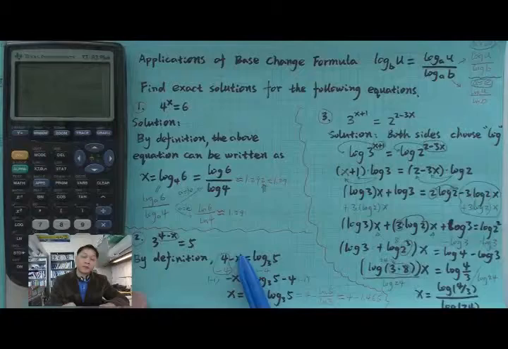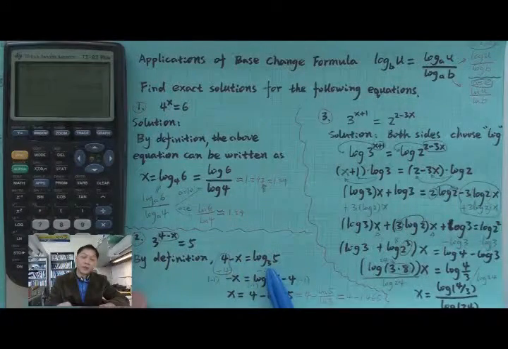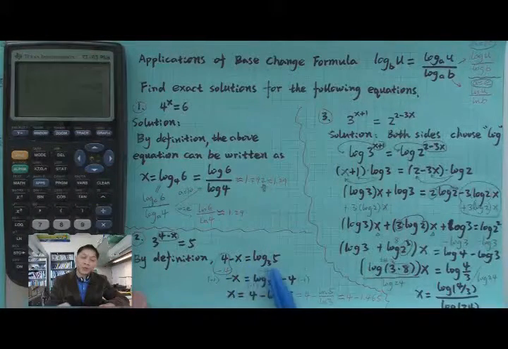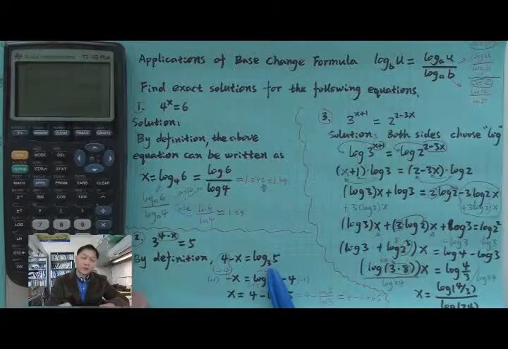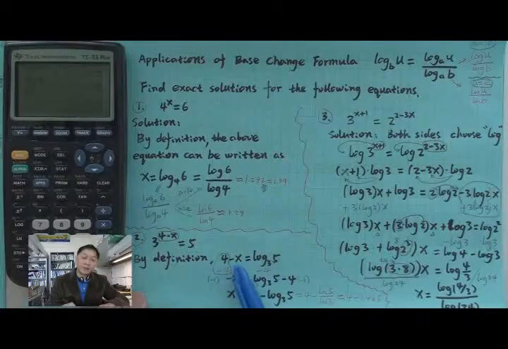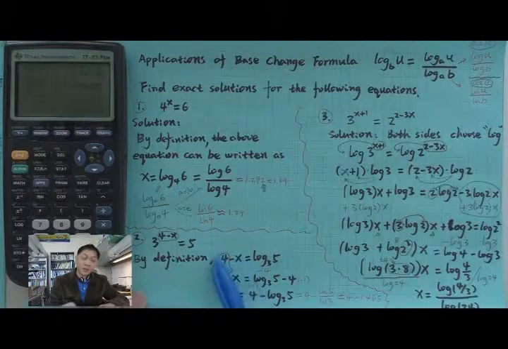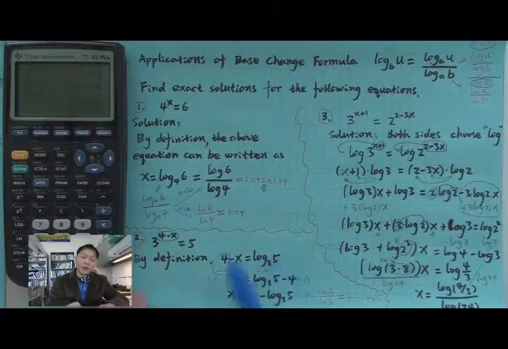Exponent of what? 3. 3 here is the base, and 4 minus x was the exponent of 3. So log base 3 to the 5th equals 4 minus x.